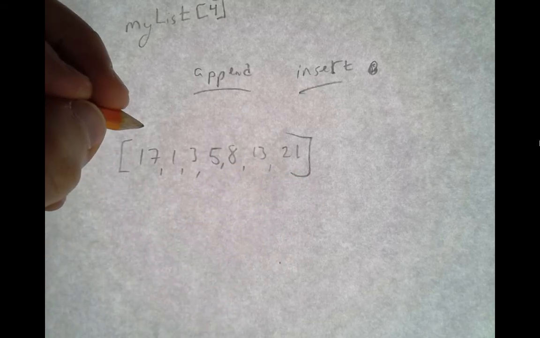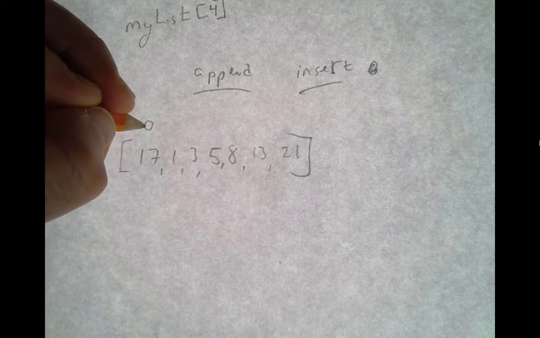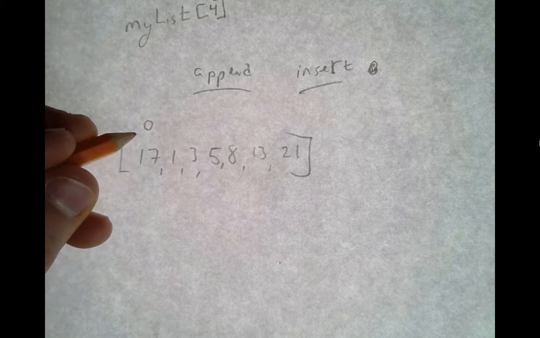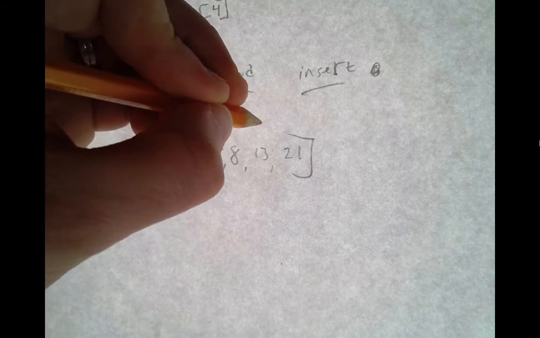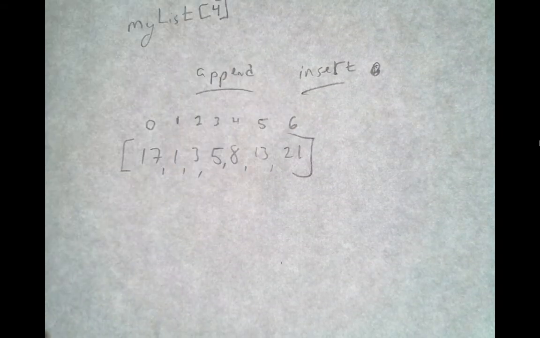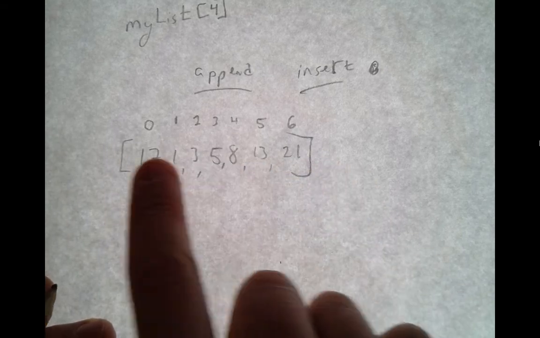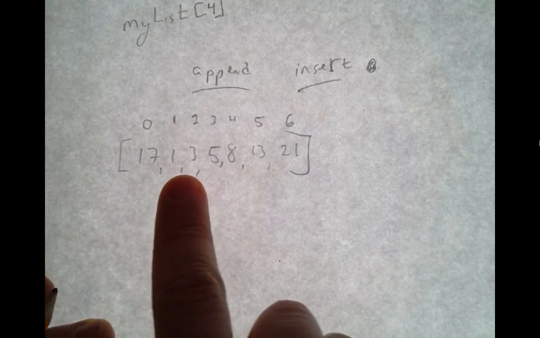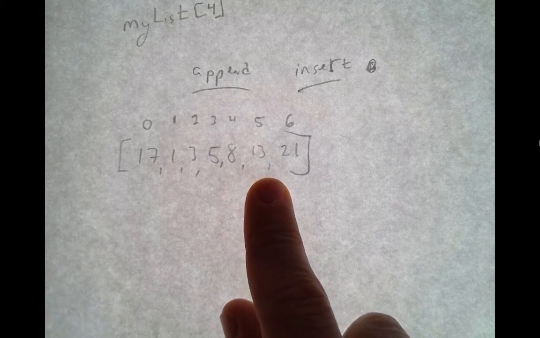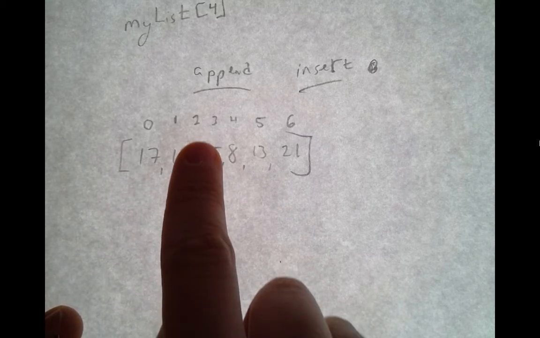If you remember, the indexes start at 0, so the very first item in my list is at index 0, then index 1, 2, 3, 4, 5, and 6. So this is telling me where I am in the list. This is the actual value of what is being held in that list at that location.